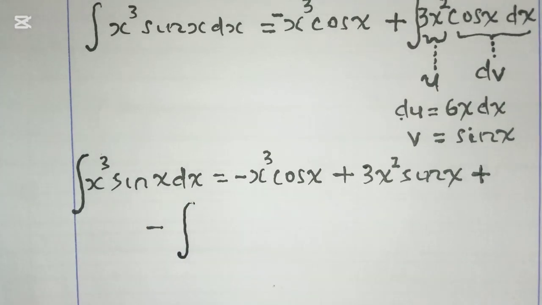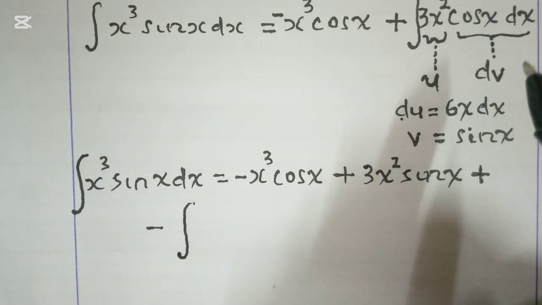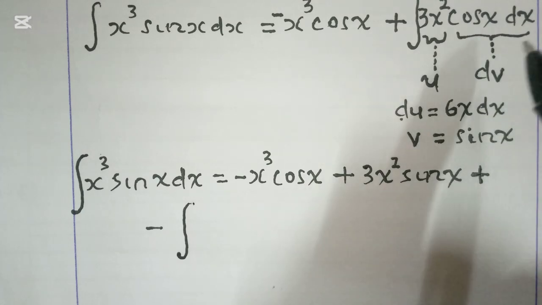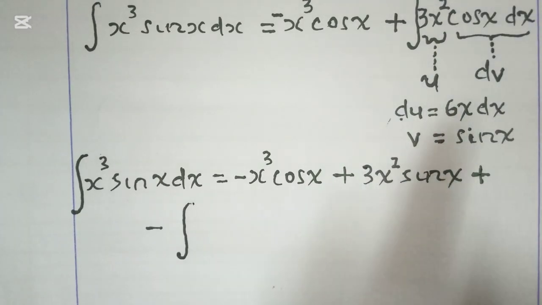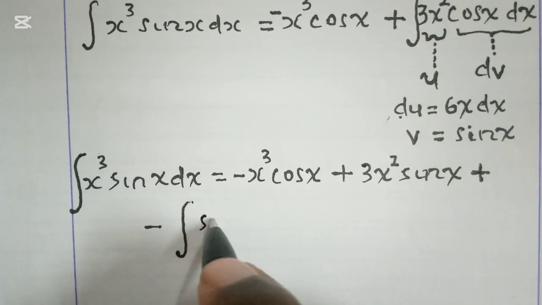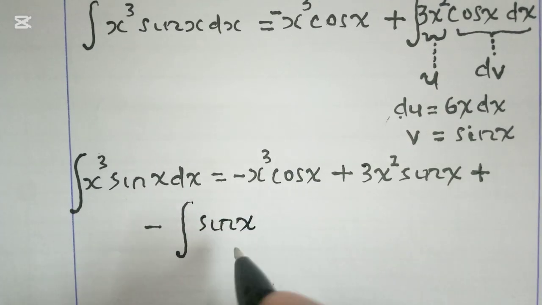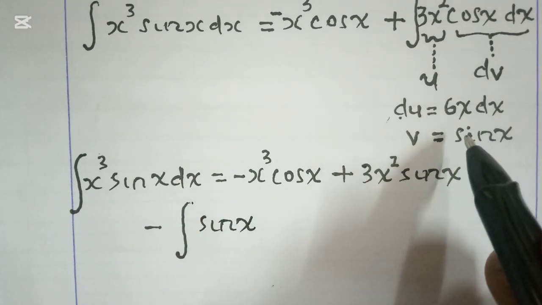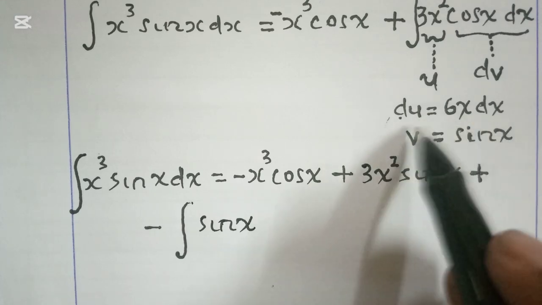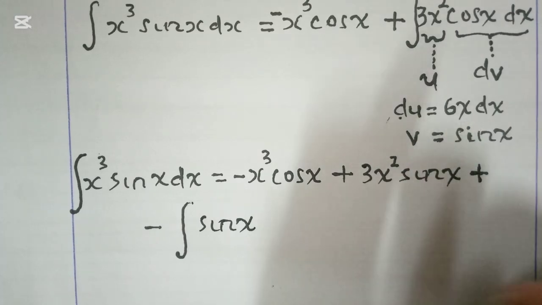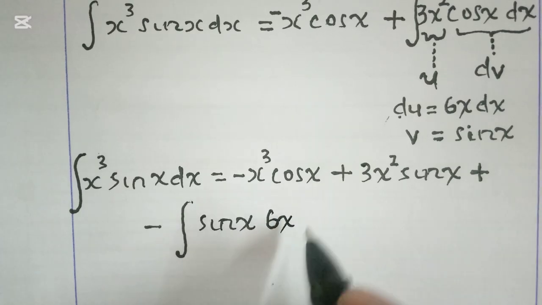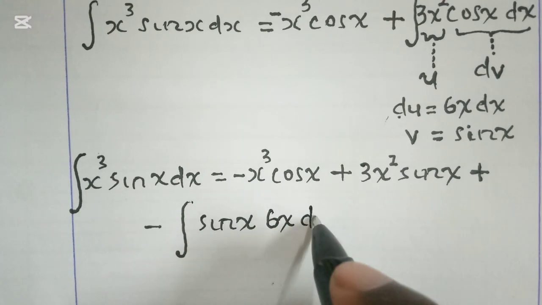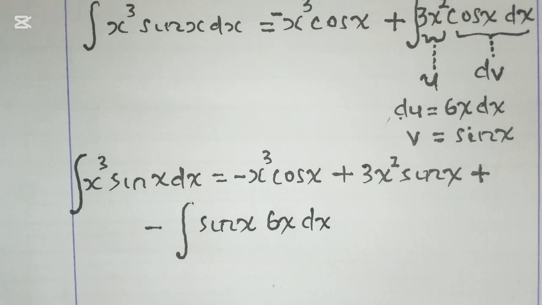draw my integral sign. And then, guys, now we come and replace our v from this. The v is sine x, and the du is 6x. So we have here 6x, and then we have the dx, like that.